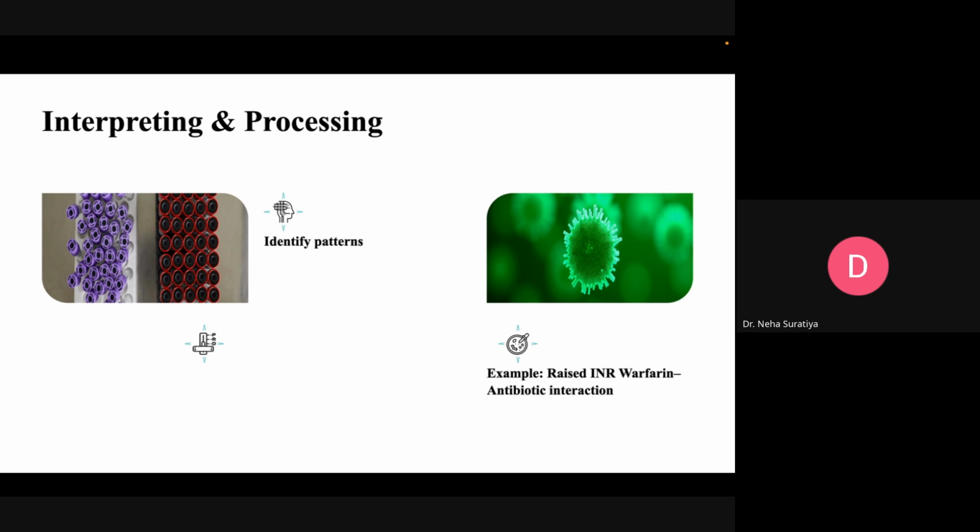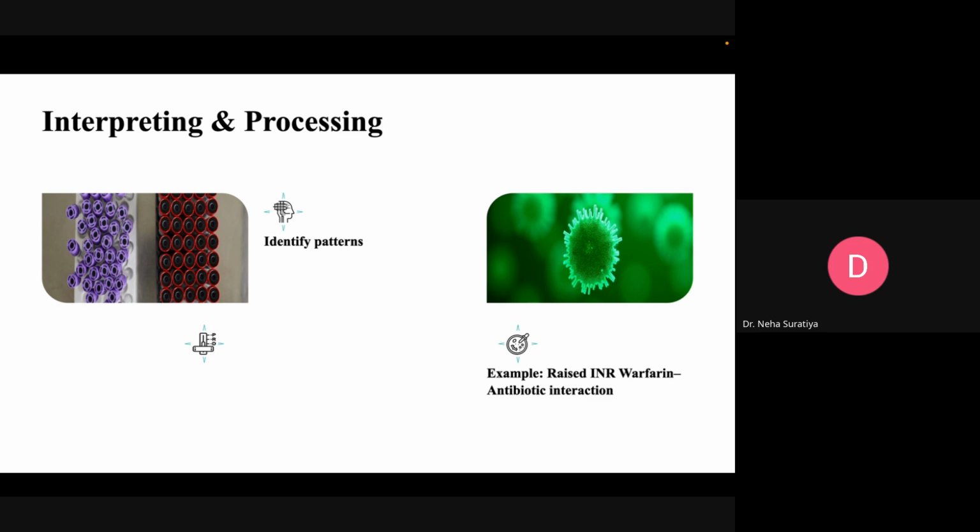So you process the whole information in this scenario, and you recommend to monitor INR closely, adjust the warfarin dose, watch for bleeding risk, and also inform the prescriber about the warfarin and antibiotic interaction.